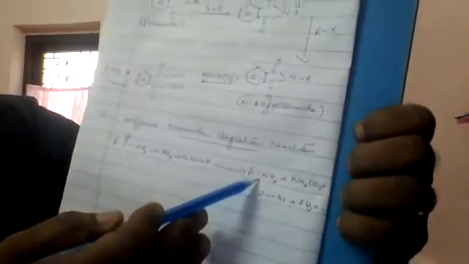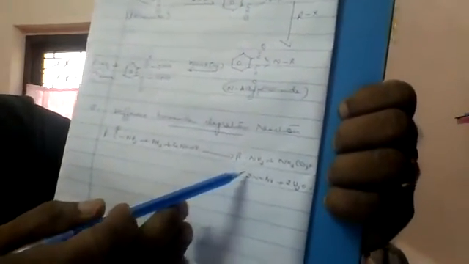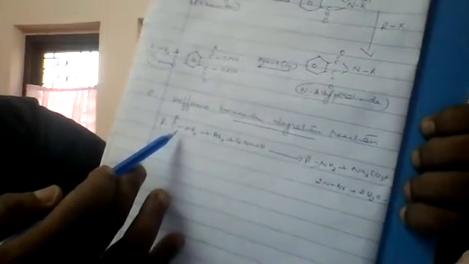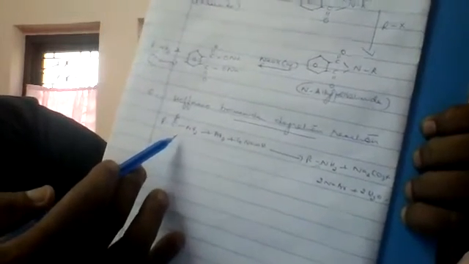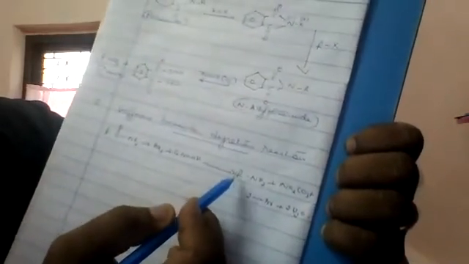Actually, the amine so obtained contains one carbon atom less than the amide. So consider this here, RCONH2. Two carbon atoms are there. Here only one carbon atom is here. So the parent amide, this is the product.